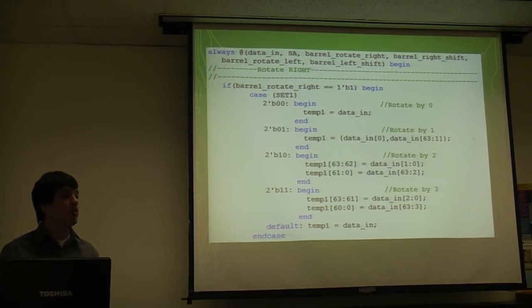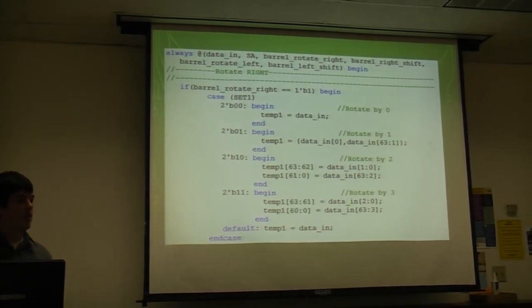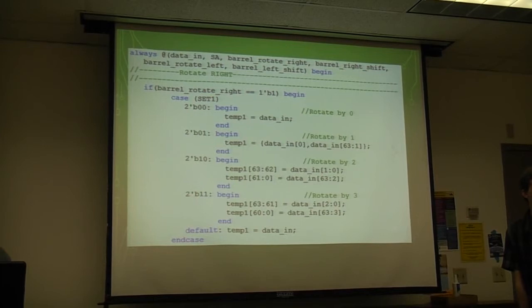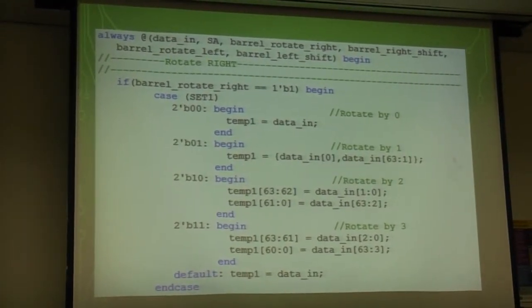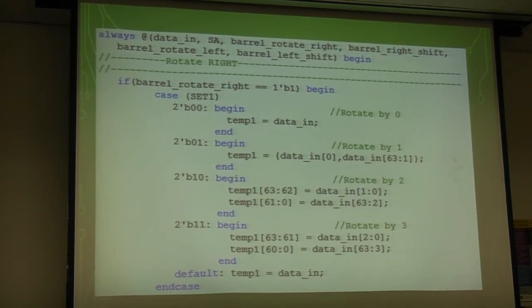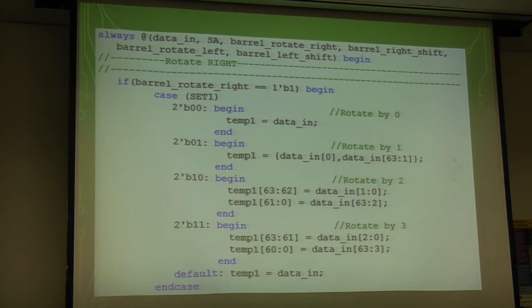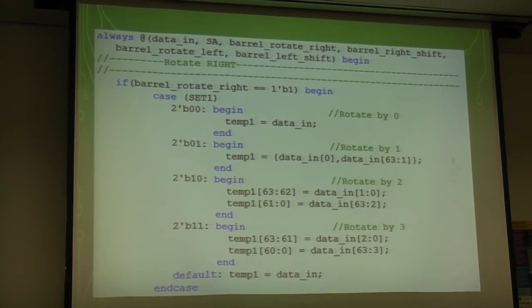Now you mentioned you wanted to avoid a case with 64 states. However, I counted 3 sets of 4, so 12. But you basically copied this: if barrel rotate right equals 1, you have this thing, and then you did the same for if barrel rotate left equals 1. So you took these 12 things and copied it 4 times.